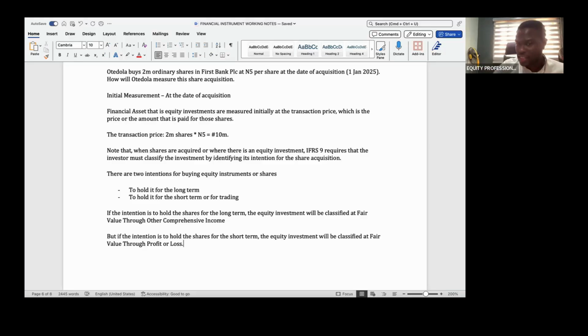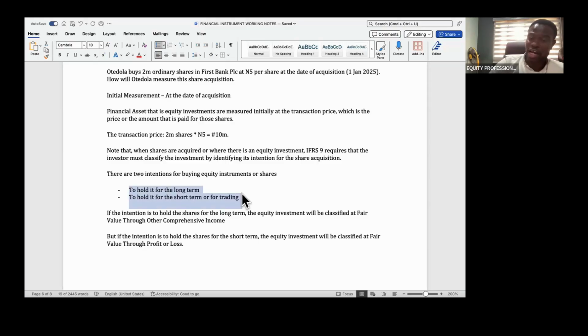But by the time you are buying shares and your aim is to become a member of the board, your aim is to never sell it. You want to become who is who in that company as a result of accumulating shares. That is holding it for the long term. You as accountants, it's because I'm teaching you that I'm using these layman terms, for the long term, for the short term.